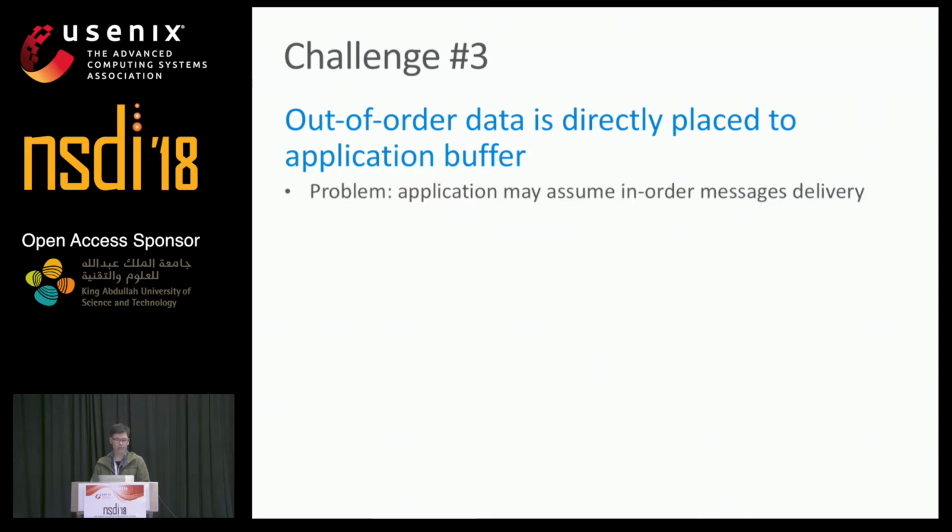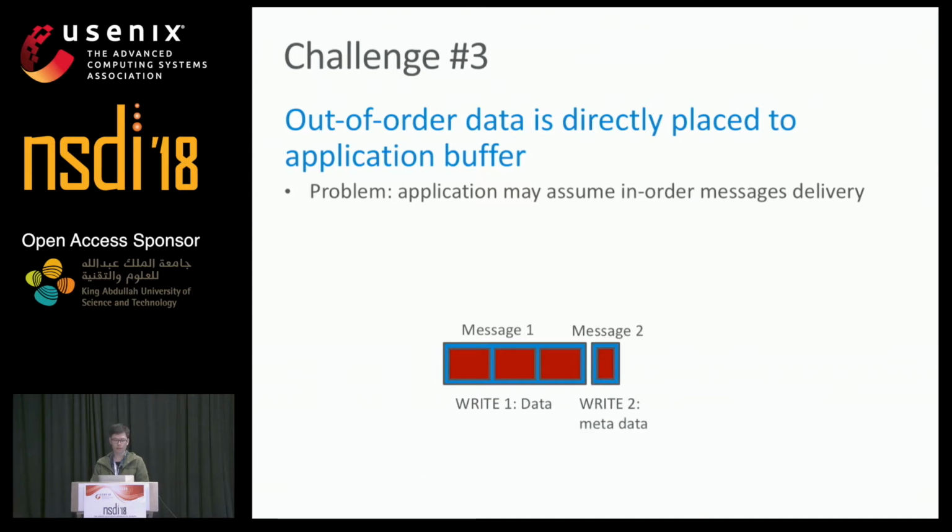The problem is that some applications assume that all the messages of RDMA arrive in order. For example, some application will first send out one message to write some data on the remote receiver, and then issue another write to write the metadata to notify the receiver about the arrival of the first message.